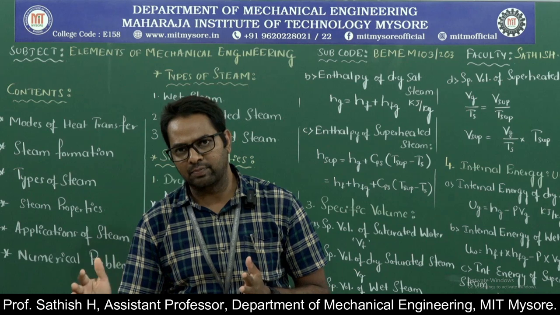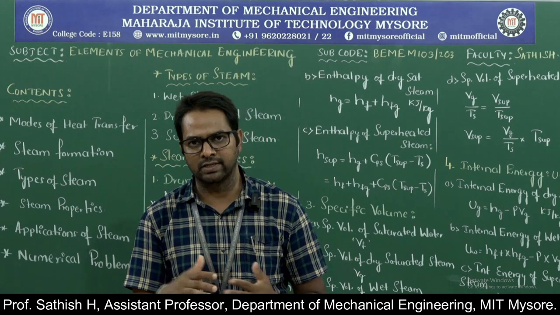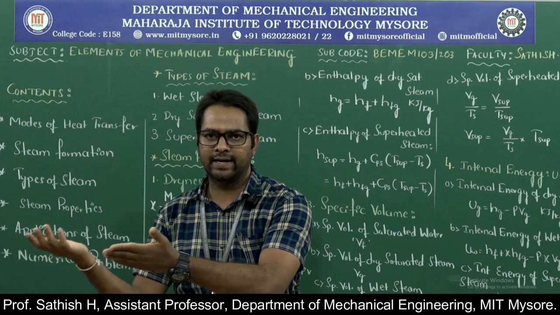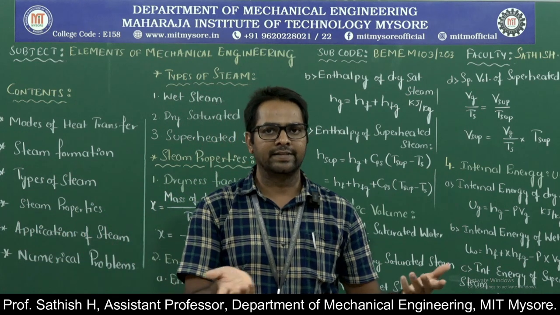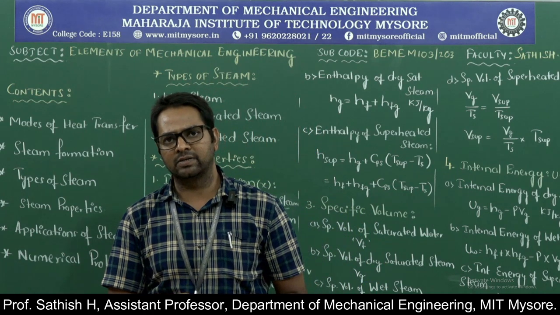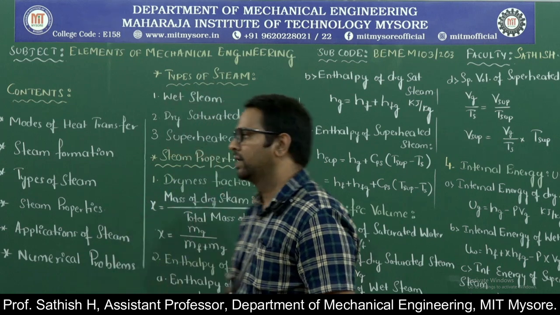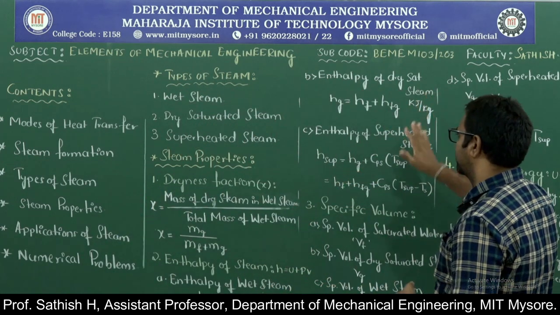So from 0 degree centigrade, the 1 kg of water is converted totally into dry saturated steam, which means there are no water particles in it. The amount of heat you add to the water until that point is called the enthalpy of the dry saturated steam.